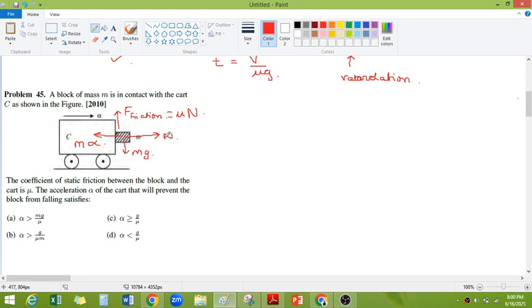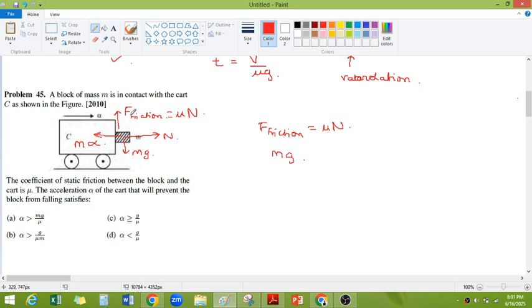So this has to be equal to this. Once you get this diagram, it's a very easy problem. When will this not fall down?